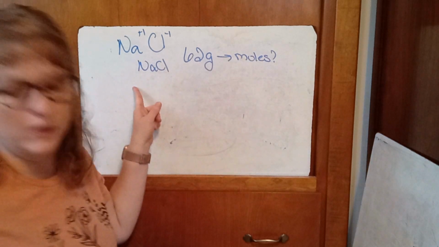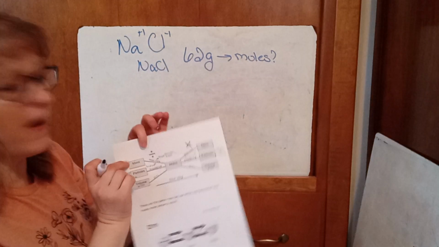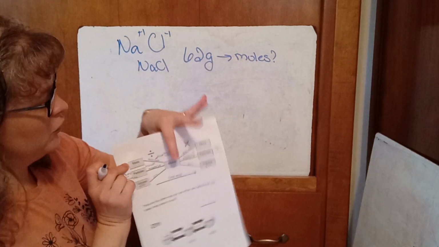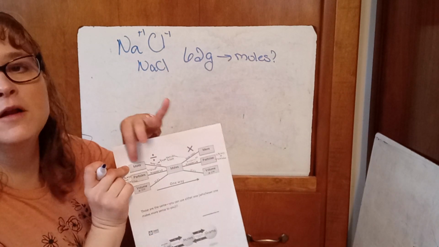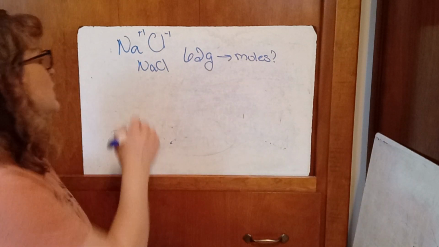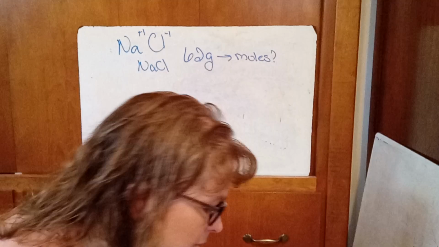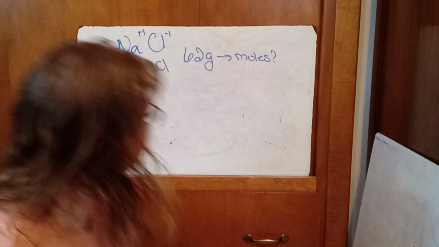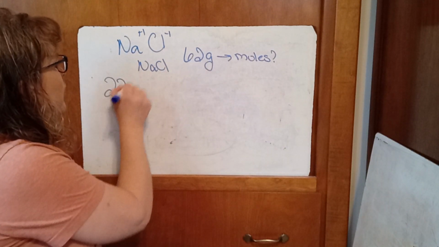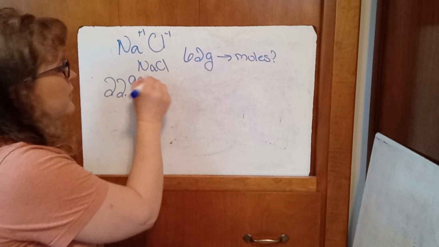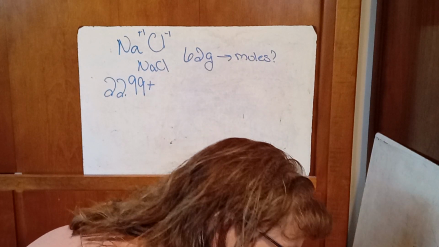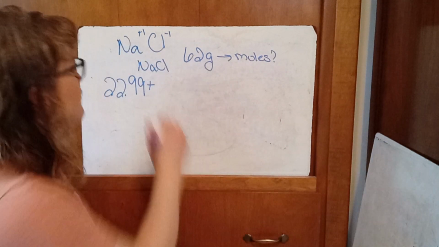Okay, so to go from mass, our grams, to moles, we need to divide by the molar mass. So we need the molar mass. The mass of Na is 22.99. The mass of chlorine is 35.45.